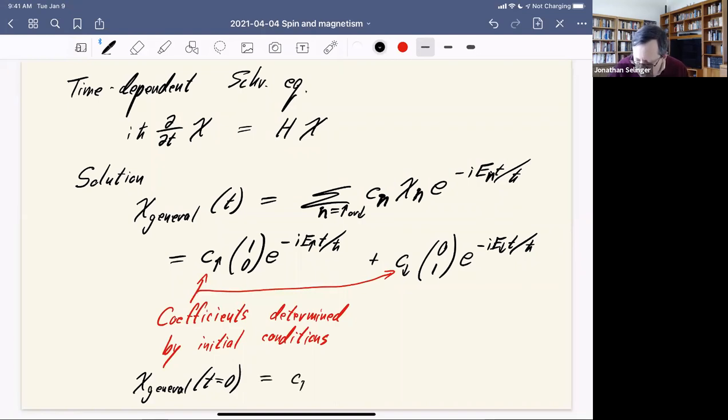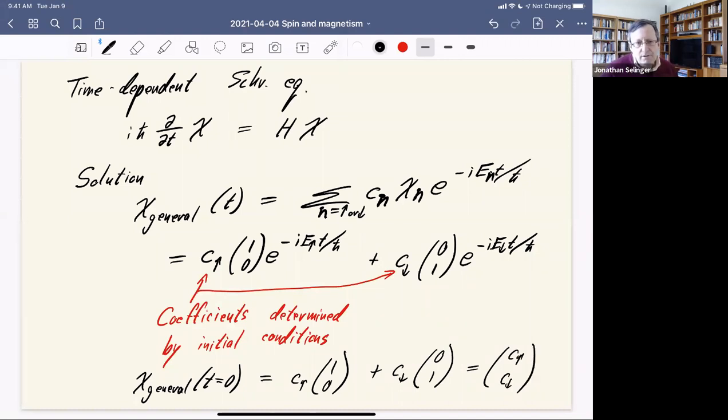That's C up times (1, 0), and the exponential of 0 is 1, plus C down times (0, 1), and the exponential of 0 is 1. And this is equal to (C up, C down).